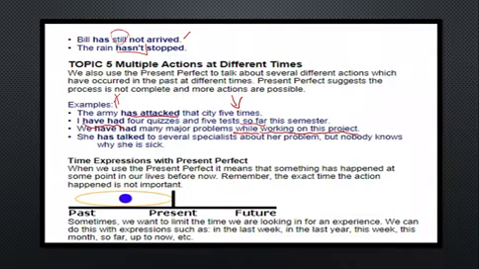Well, the time expression with the present perfect. When we use the present perfect, it means that something has happened at some point in our lives before now. Remember, the exact time the action happened is not important, okay? In the present perfect, the time is not important.